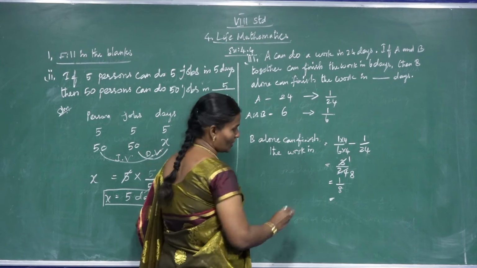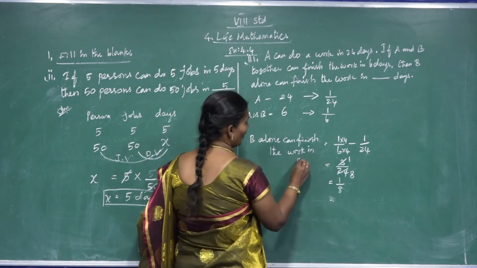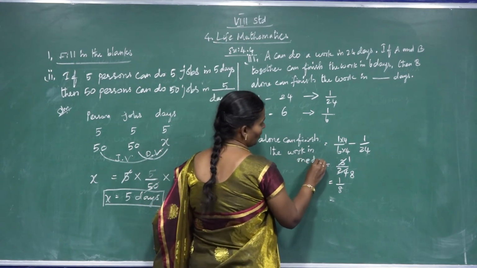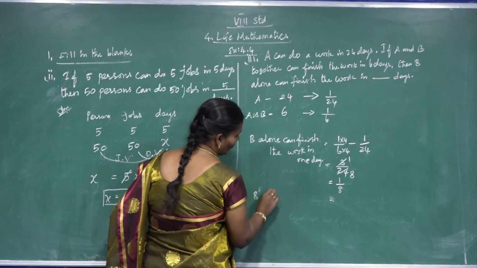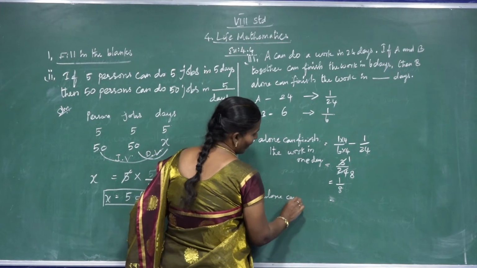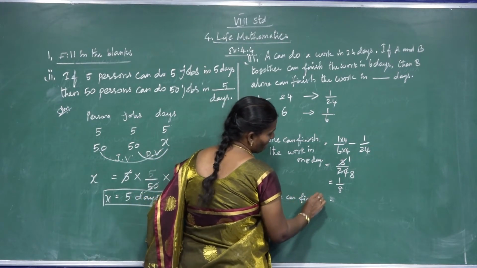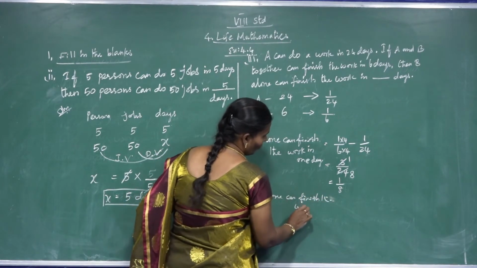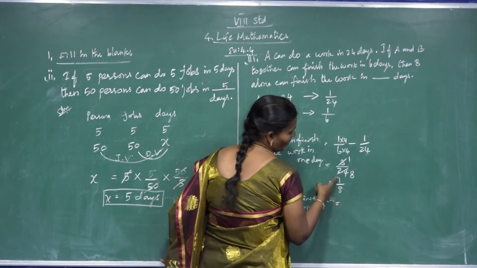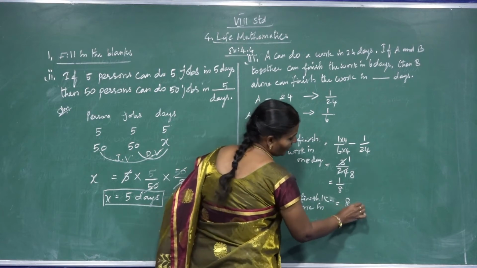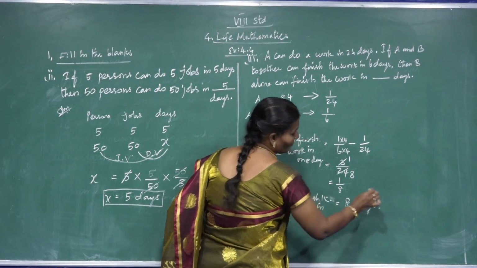This is 1 day's work. So B alone can finish the work in how many days? You write the reciprocal, that is 8 days. Understand, children?